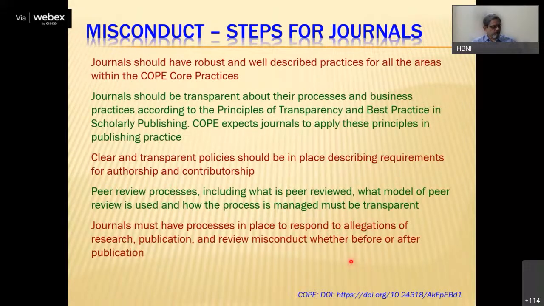So what should various journals do when they encounter misconduct? So journals must have robust and well-described practices for all the areas within the COPE core practices.